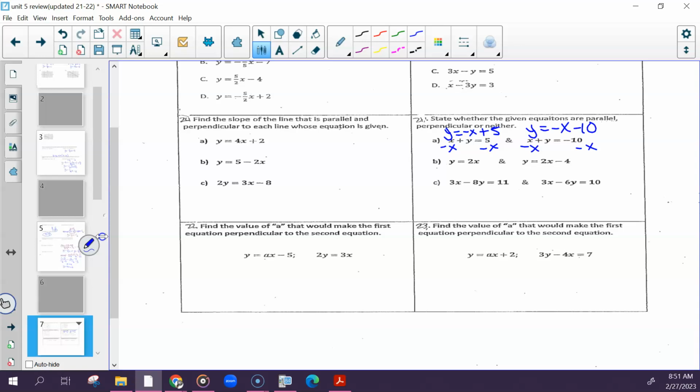Are those two parallel, perpendicular, or neither? Parallel. How do we know that? Different y-intercepts. So these are parallel. I'm going to put the symbol, but if you want to write it out, that's fine too.